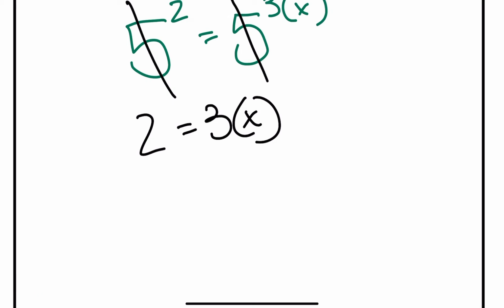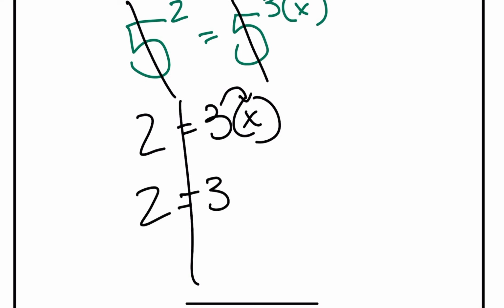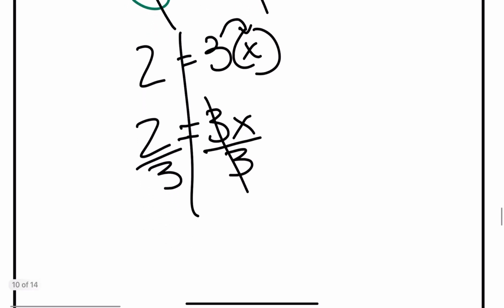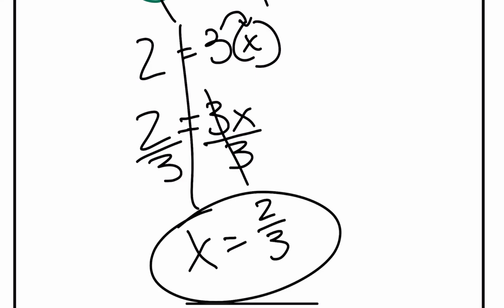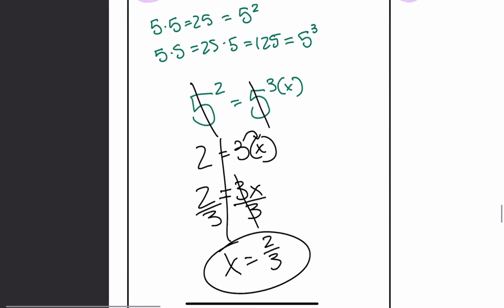Solving from here, I see I have a set of parentheses, so I'm going to distribute this 3. So I'm going to get 2 = 3x. Then I need to get rid of this 3, so I'm going to divide by 3. So then I should have x = 2/3.